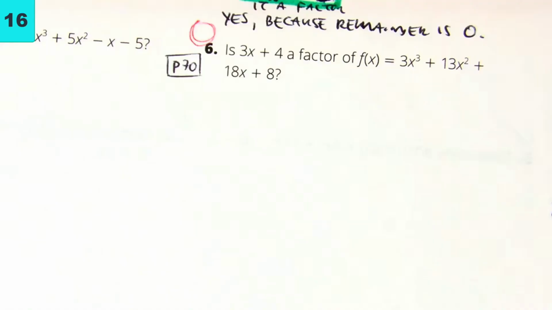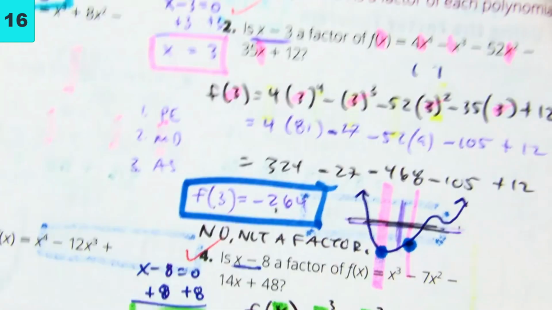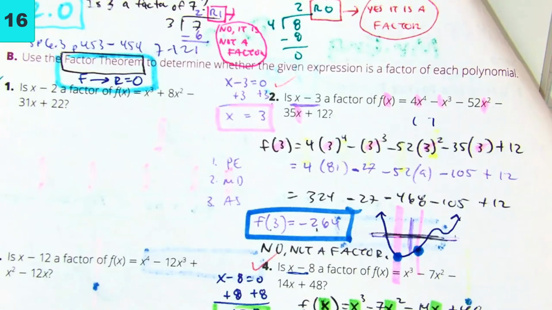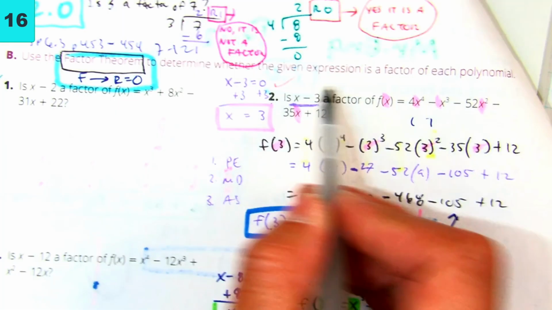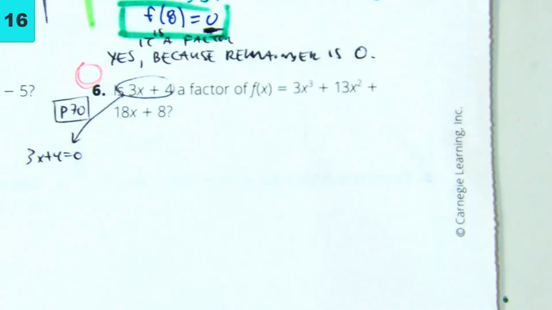I love math. In question number 6, it tells you to use the factor theorem to determine whether the given expression is a factor of each polynomial. Yesterday we learned that if you set this equal to 0, and I just solved this little problem here.